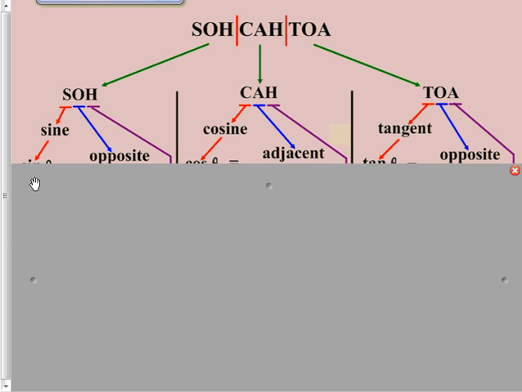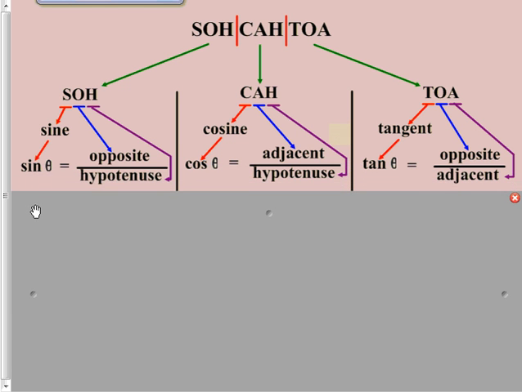The third remaining letter for each of the three groups is the denominator of the ratio. So sine is going to be opposite over hypotenuse, cosine is adjacent over hypotenuse, and tangent is opposite over adjacent. Okay, these are actually three mathematical rules that we are going to be working with for the next 3 days.